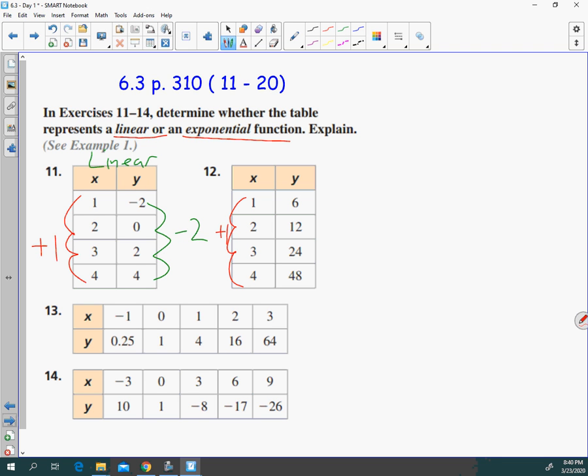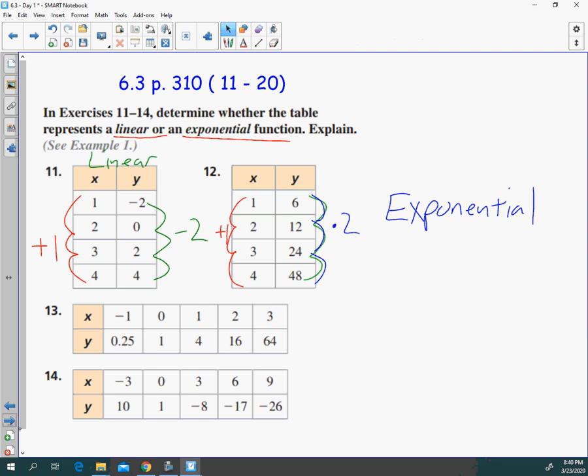On this one, what's going on there? That one to me, it looks like they're timesing by 2 each step. Since they're timesing by 2, timesing by 2, timesing by 2, that means it's an exponential function. Okay?